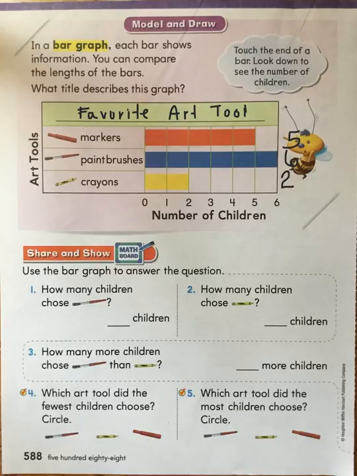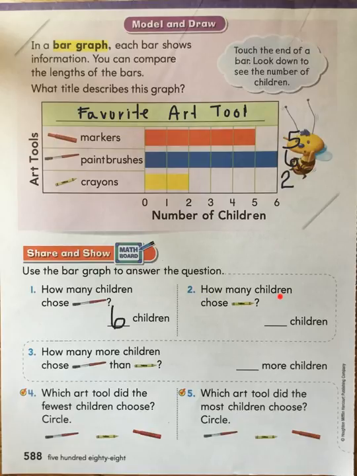Now I can use the information from my bar graph to answer questions, just like with picture graphs. Number 1, how many children chose a paintbrush? I'm going to go up to paintbrush, go all the way over. 6. 6 picked the paintbrush.